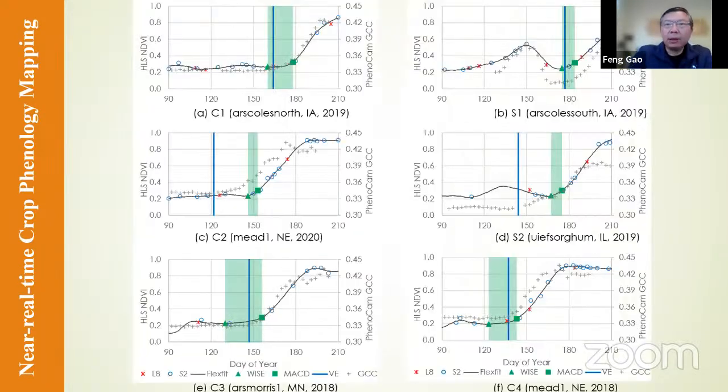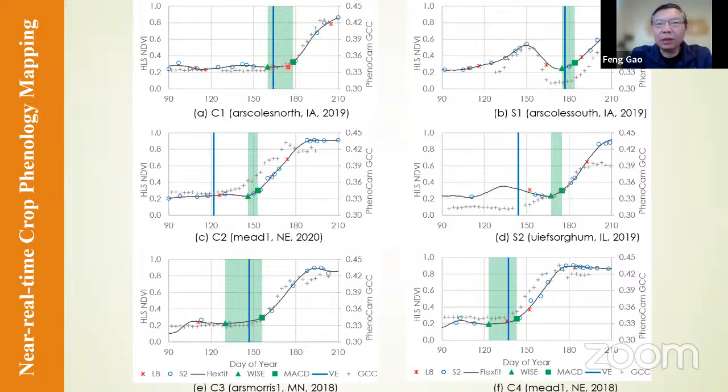We want to look at the individual fields with the phenocamera information, and the GCC value from the phenocamera. It's the green signal divided by the RGB signal, and you can see the first one agrees with HLS very well.